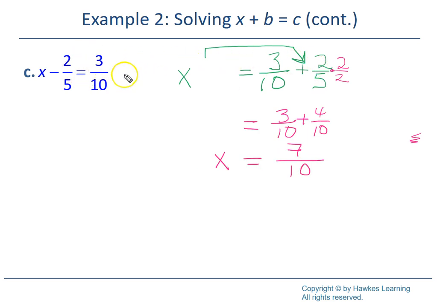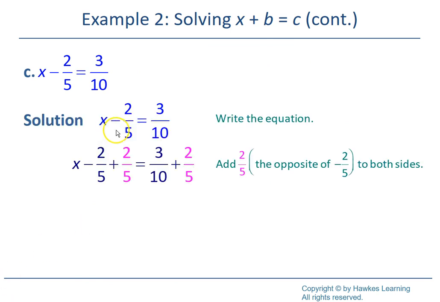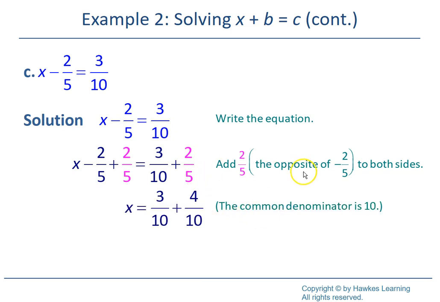So this one's a little more challenging. So as we see it worked out on the PowerPoint slides, we're taking the opposite of a negative 2/5, which is a positive 2/5. Here it becomes a 0, and on this side we have 2/5. But in order to add these fractions, I must make this 2/5 with a denominator of 10, so I multiply it by 1 in the form of 2/2.